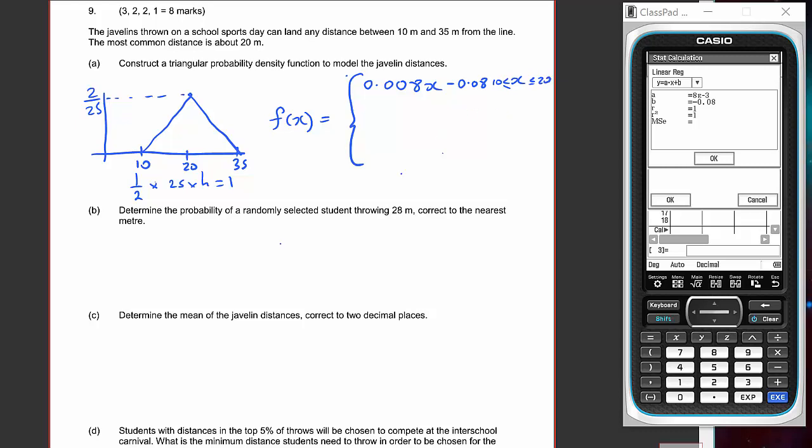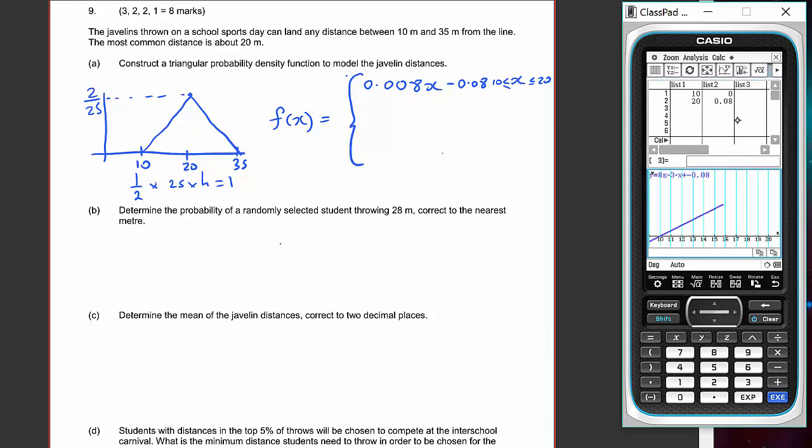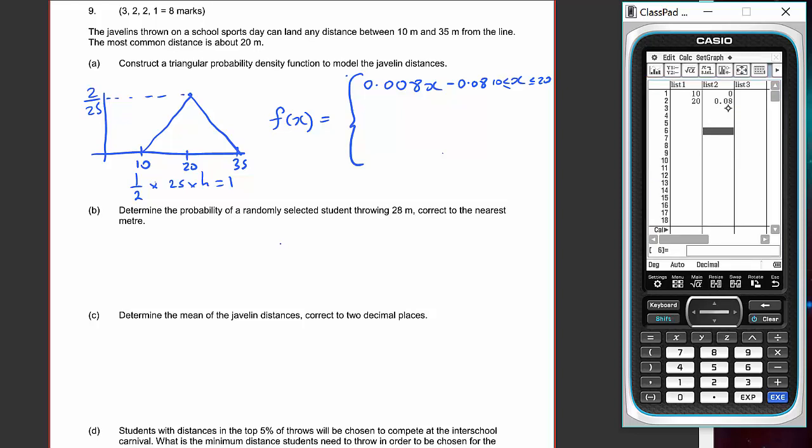Squashing to get it in there. That's okay. Let's just resize that because we don't really want the graph in the bottom. And we need our next one still to go through this one with the 20, but we also need it to go through 35 and 0.